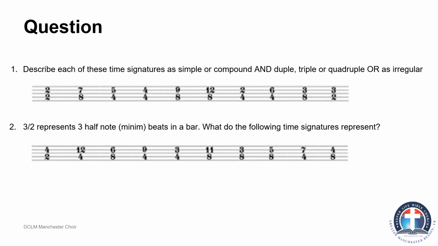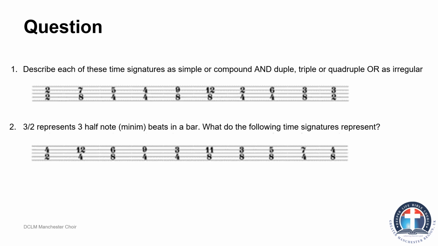So you tell me if it is simple duple, simple triple, simple quadruple, compound duple, compound triple, compound quadruple, or irregular. I'm sure you can tell the irregular ones, the ones that are not divisible or multiples of 3. For example, I'll give you a quick clue. This is an irregular time.